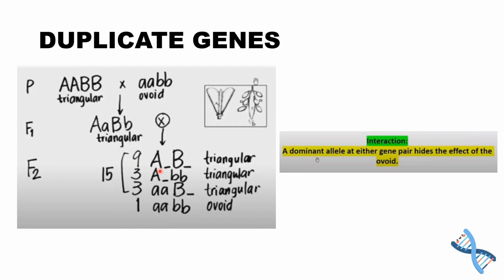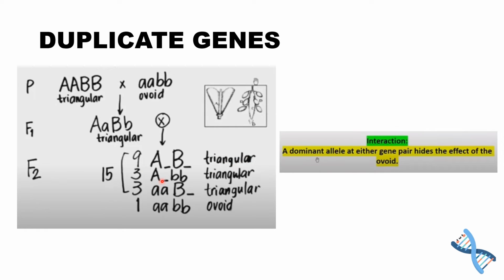So, sa duplicate gene, both of the dominant genes on the gene pair, it will pertain to yung shape natin, which is yung triangular. Kaya dito sa una, meron ka nung A at saka meron ka nung B. Dominant A at saka dominant B. So, triangular yon. Magiging triangular yon.